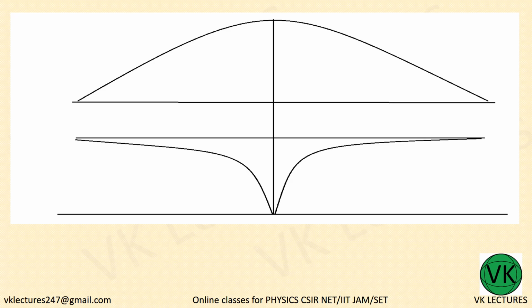Here the figure depicts the frequency versus the position graph. So this is the position x, and here you have the frequency along the y-axis. Now coming to the region, we have this as the optical region, and here we have acoustic region, or optical branch.